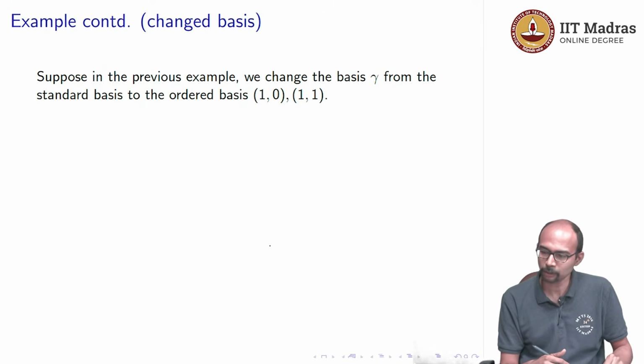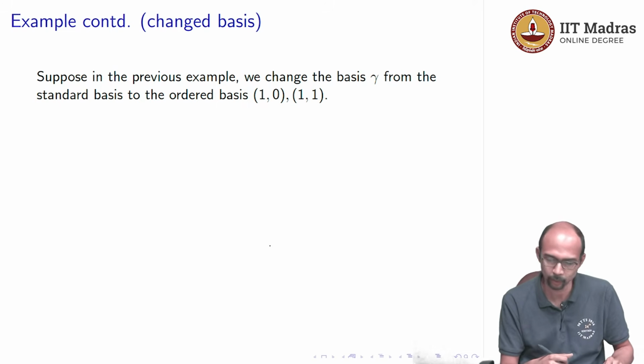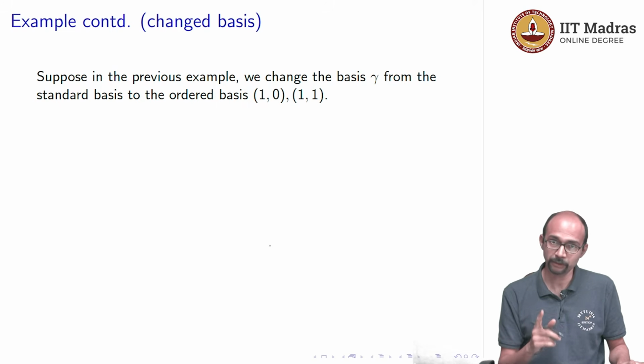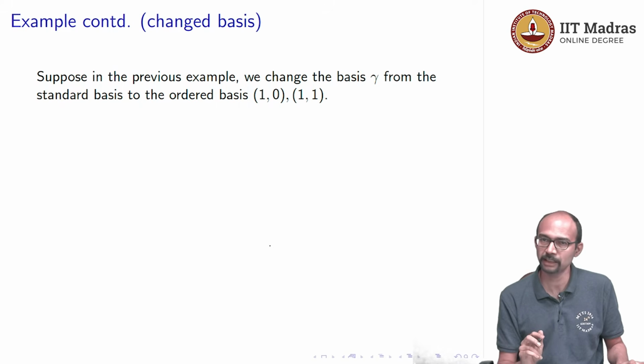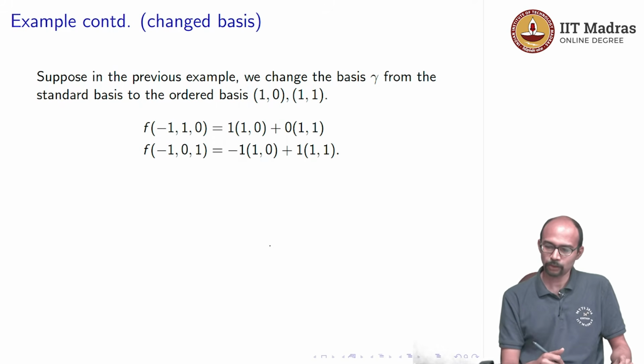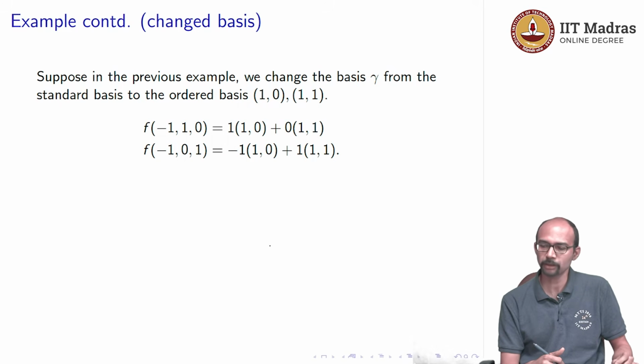But now suppose we change our basis. Instead of taking the standard ordered basis, we take the basis (1, 0) and (1, 1) on gamma. Remember we have the same linear transformation, but we are changing our ordered basis. Let us see what happens. Now if we write f of (-1, 1, 0), which is (1, 0), in terms of the ordered basis gamma, we get 1 times (1, 0) plus 0 times (1, 1).